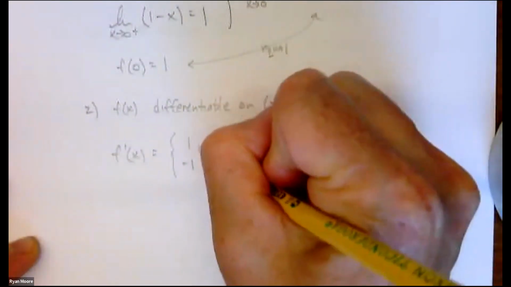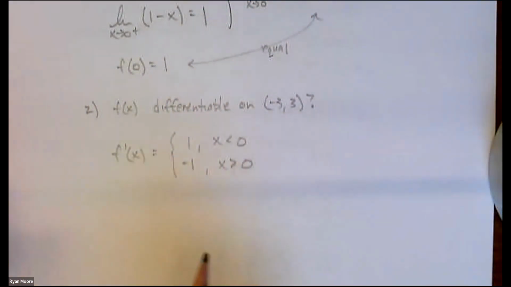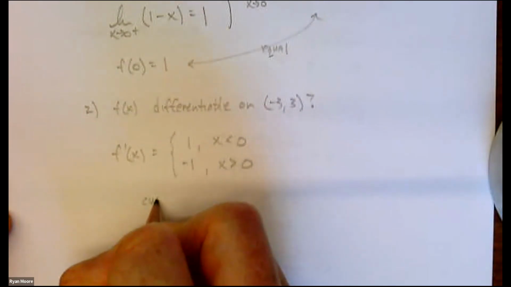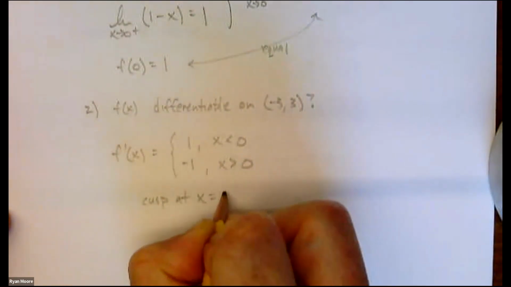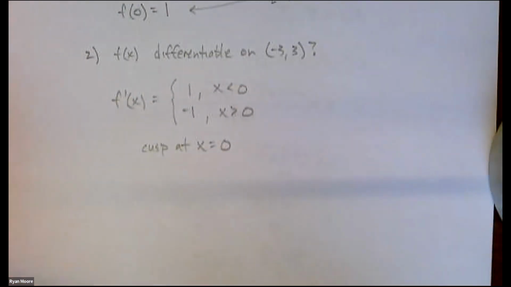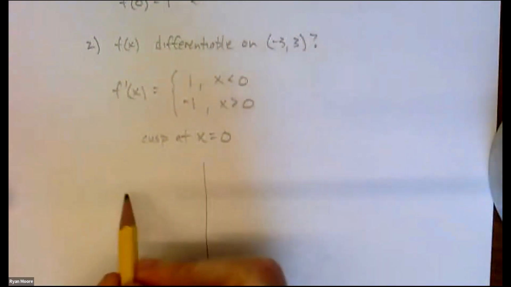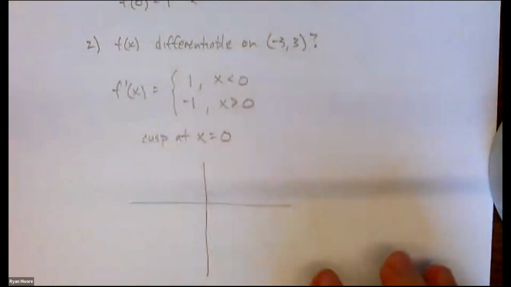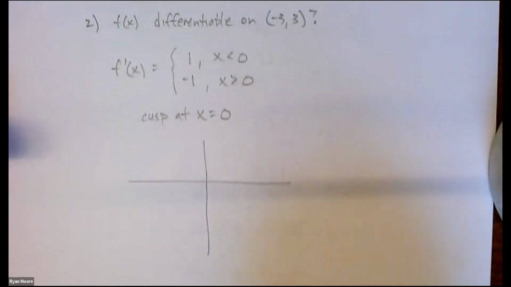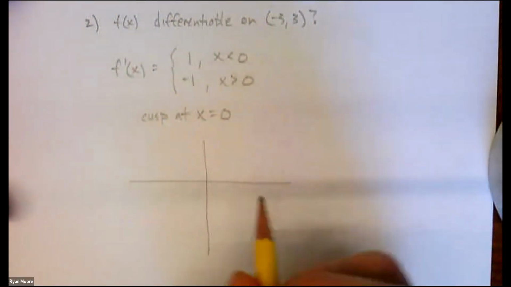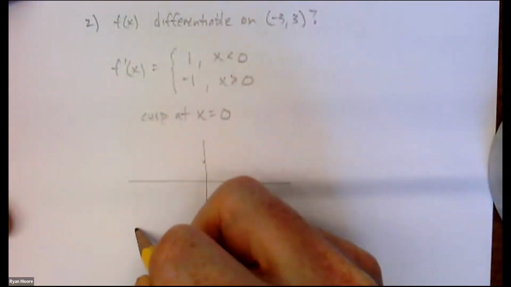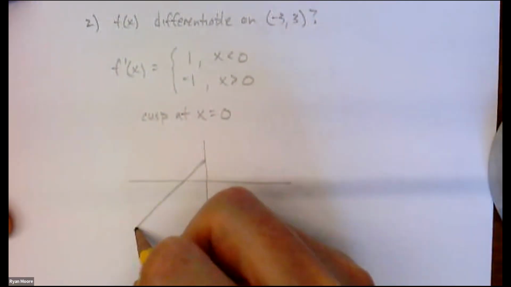And so there's a problem. I shouldn't write or equal to. I should just write greater than. There's a problem at x equals 0. There's a cusp, because that's the moment where it switches. If you were to draw this, it might be a little more clear. So what's happening with our original function, 1 plus x has this positive slope, right?